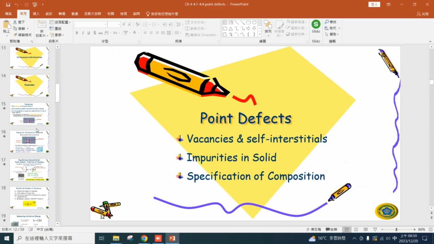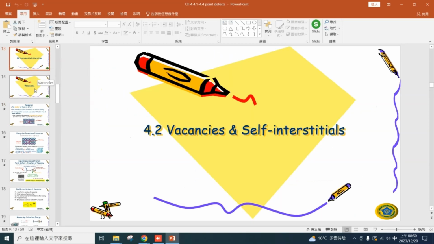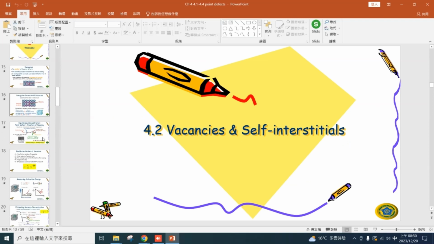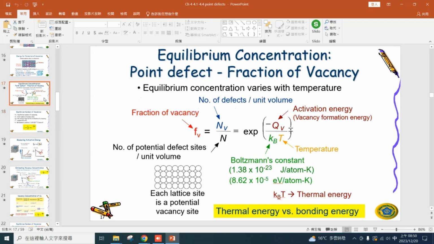But there are some important points in the vacancies and the self-interstitial, and that's what we call the fraction of vacancy. So I want you to remember this equation very well, because this will be in your final exam.